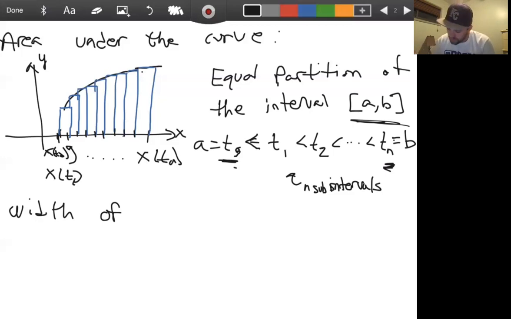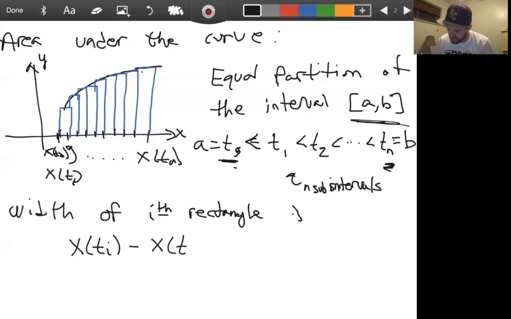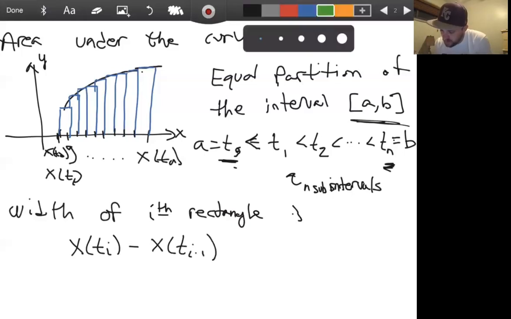Well, then the width of the ith rectangle is, well, it's simply going to be x of ti minus x of ti minus 1, right? That gets us this width down here. I'll draw it in green for the ith rectangle.